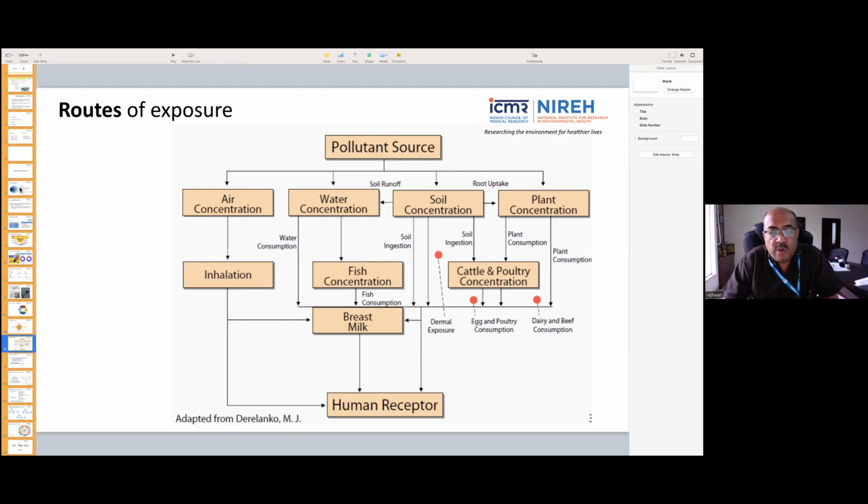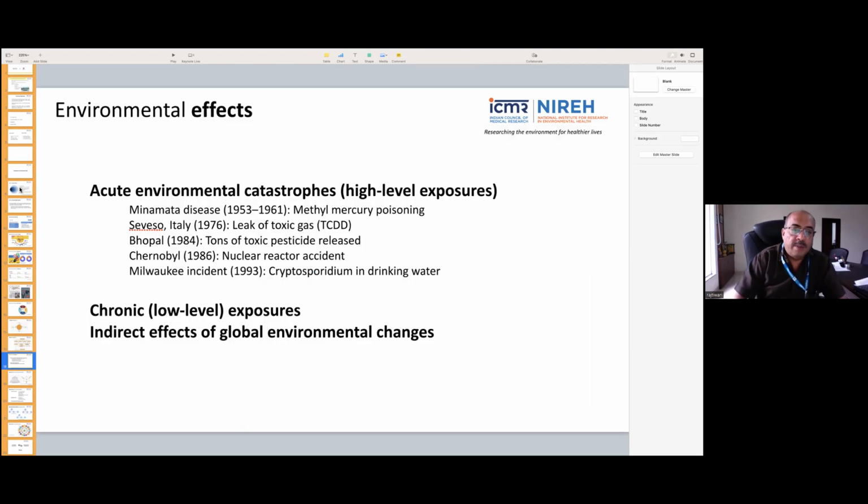For air, there is a very simple mechanism through inhalation, through the respiratory tract. It affects the respiratory system. But for pollutants in other media like water, soil, and food, they have a different and complex web through which they reach the human receptor and thereby affect human health.